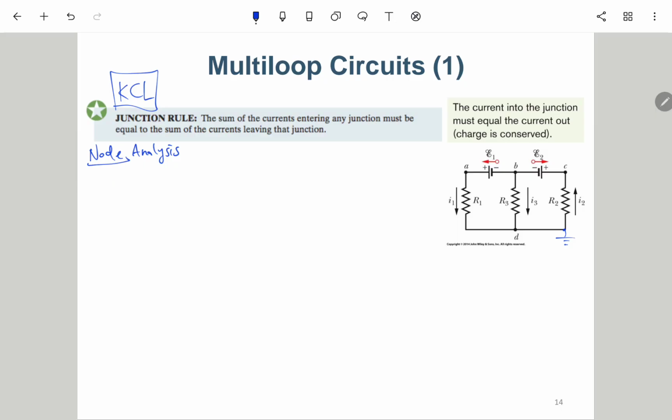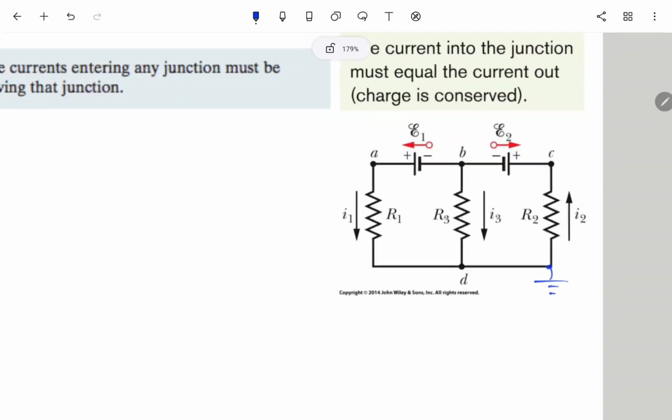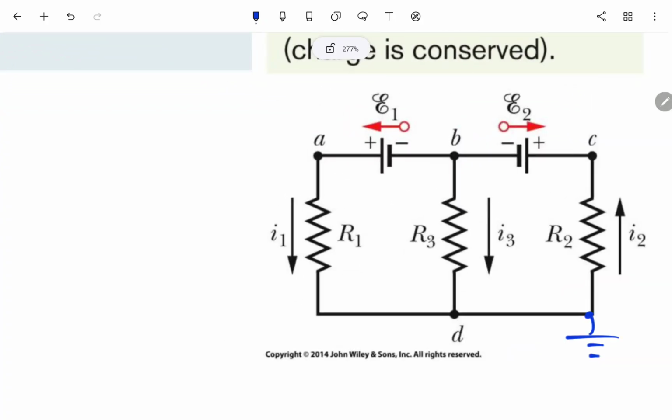Node means 节点, in Chinese 节点分析法. This one still applies KCL without using KVL at all. So in a circuit you only need to use KCL, which we call node analysis. And next page I'll use mesh analysis, which means I only use KVL all the way. Both are okay.